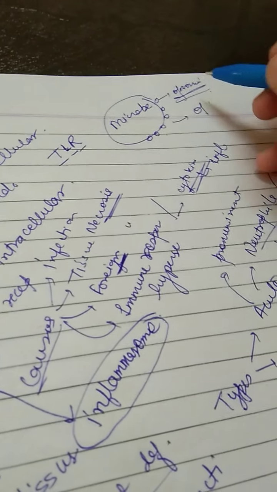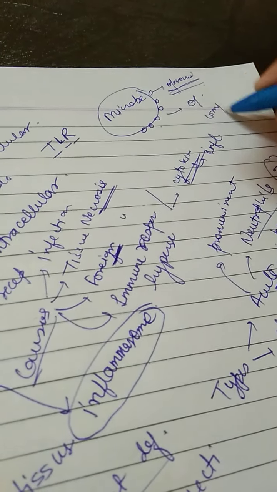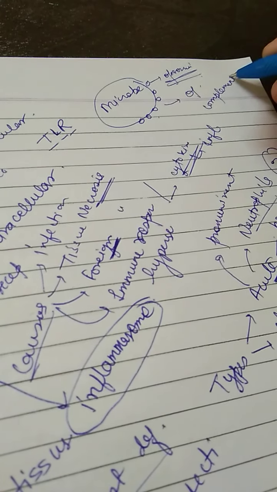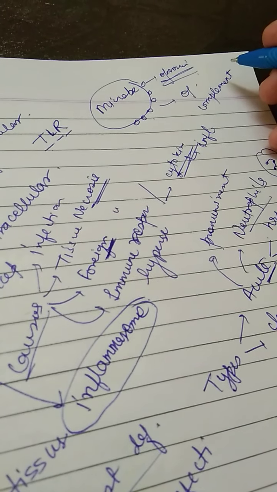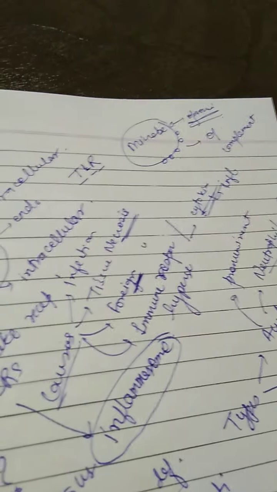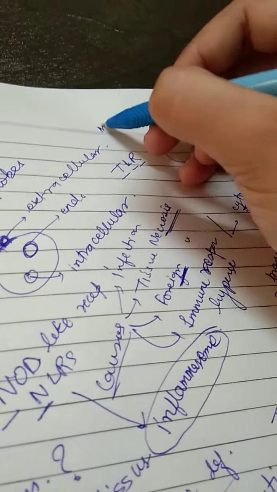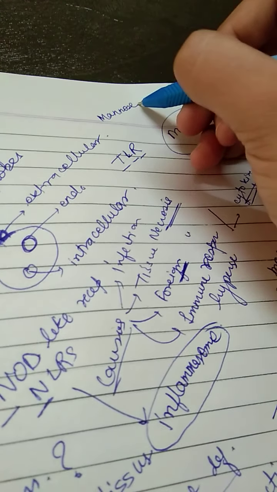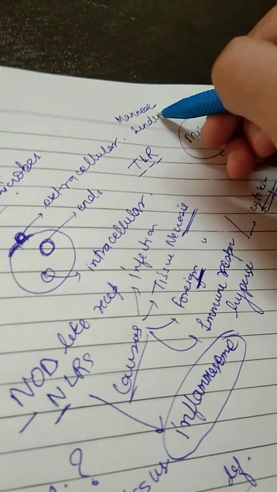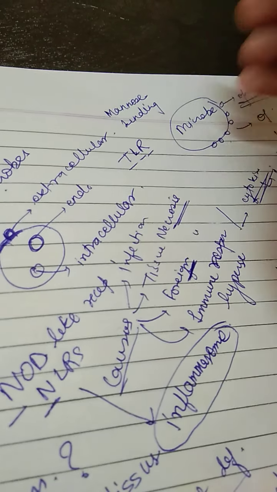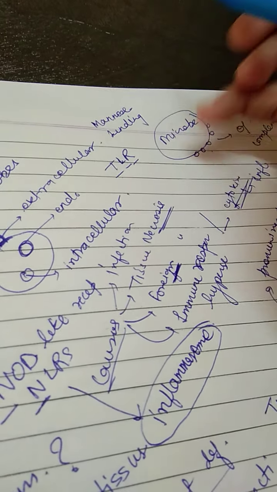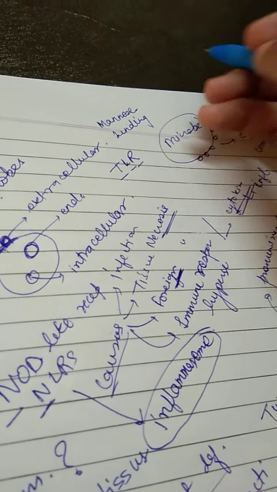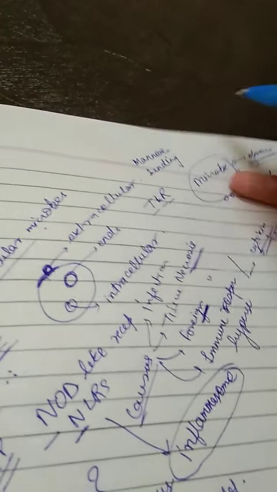And there are certain proteins circulating in our body known as complement proteins. These proteins produce mediators of inflammation. For example, mannose binding lectin recognizes microbial sugars and therefore induces the ingestion of microbes by activation of the complement system.